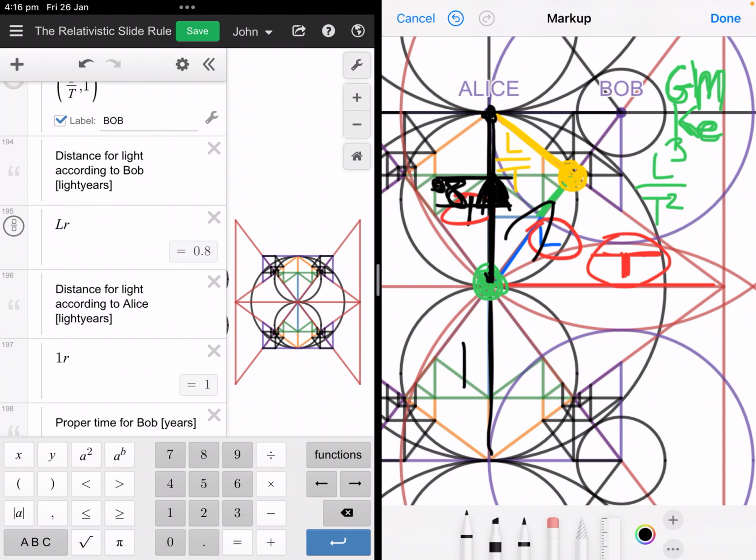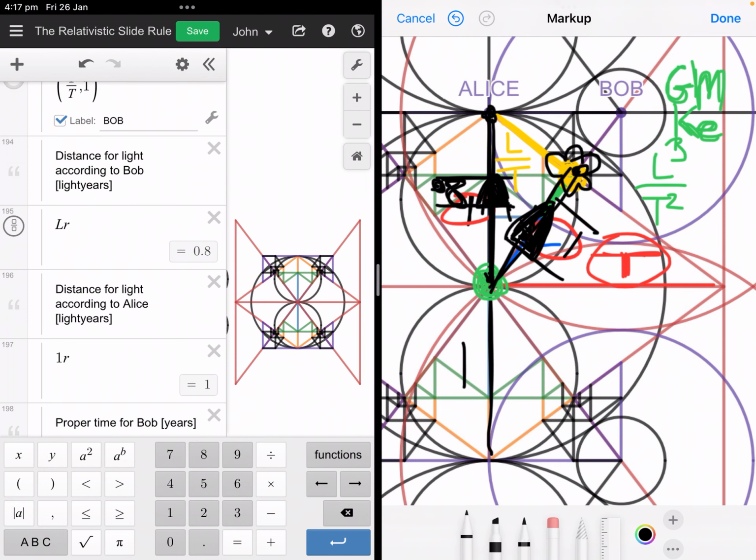Whereas for Bob, his ship's the normal length, 1, but the other frame is 0.8, just like for Alice, except that means that the distance from Earth to Alpha Centauri is 0.8, because that's Alice's frame. So in other words, Bob's frame is inside Alice's frame, and so it's going to take him a lot less time to get there.